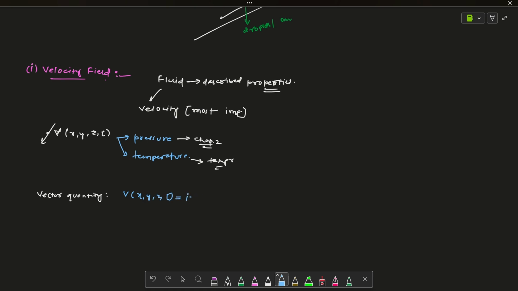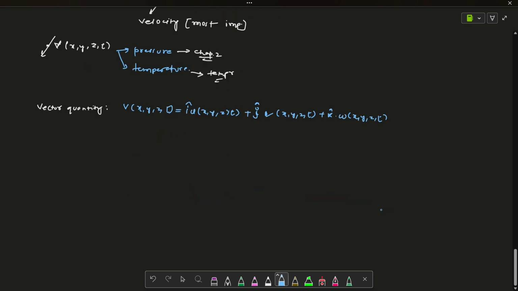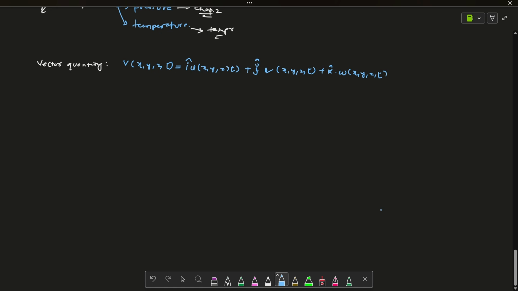In the x direction we write u(x, y, z, t), in the y direction v(x, y, z, t), plus in the z direction w(x, y, z, t). Each has its own scalar value in each direction, and combining them we say it is a vector quantity and represent it as a vector.